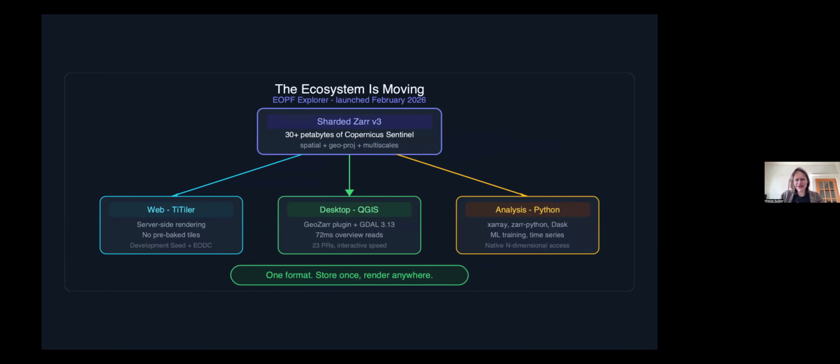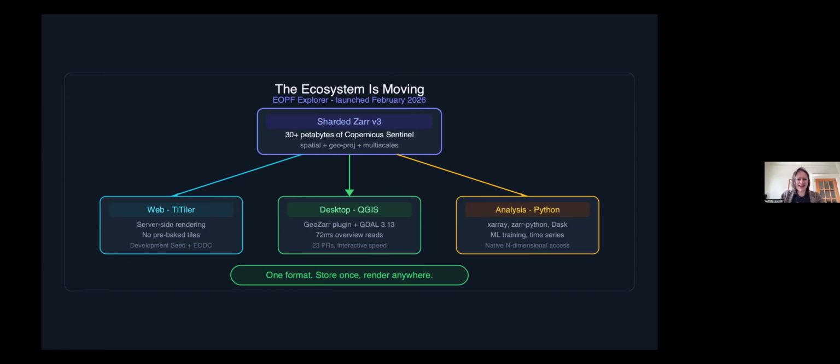There's a website for it, and I think there's an event for it next week, if I am not mistaken. There's already a lot of production data out there in sharded Zarr v3 that already adopt these GeoZarr conventions. But until a few weeks ago, you couldn't really load that nicely in QGIS.